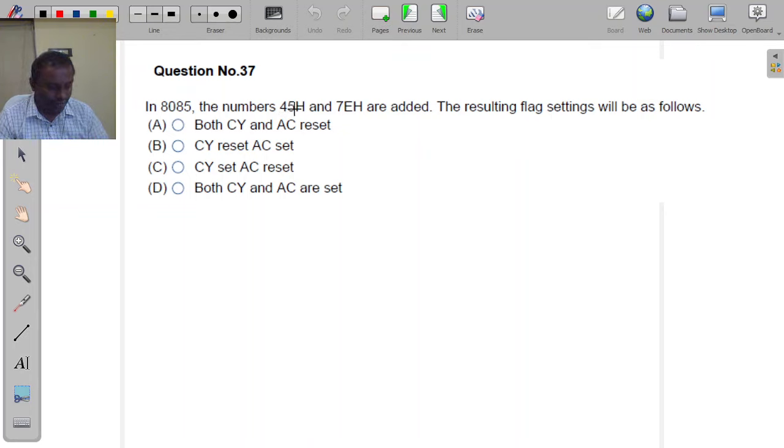So when you add 45 hexa and 70 hexa, you come to know that the carry flag is going to reset and the auxiliary carry flag is going to get set. So answer for this is B. This is the answer for question 37, B.